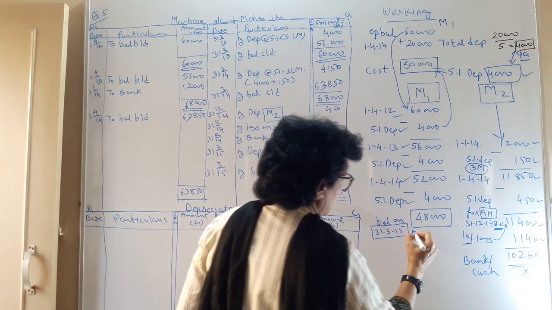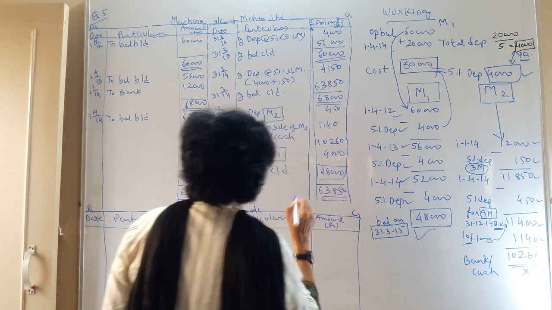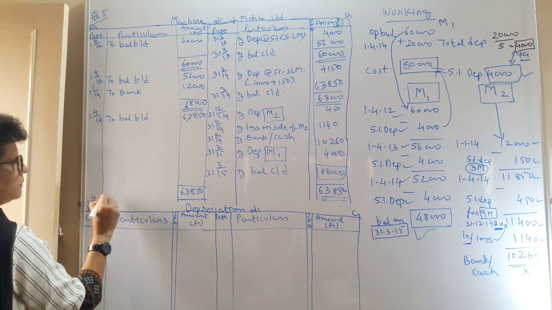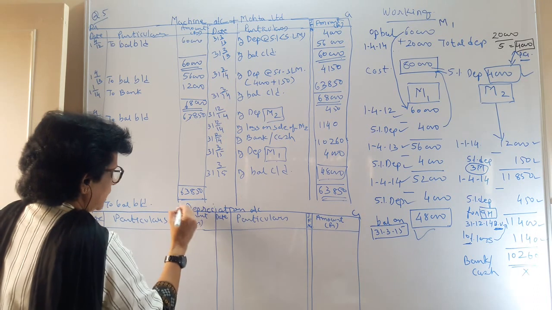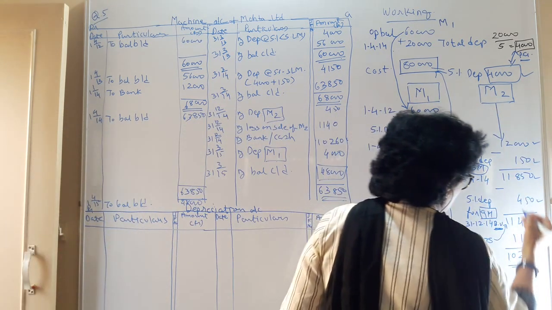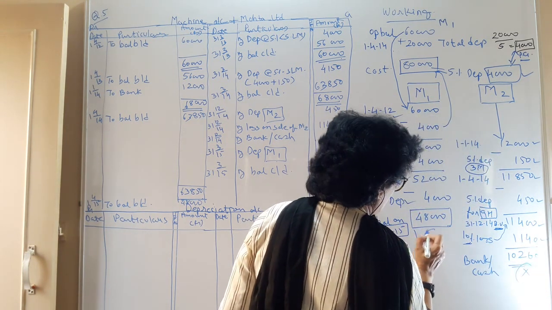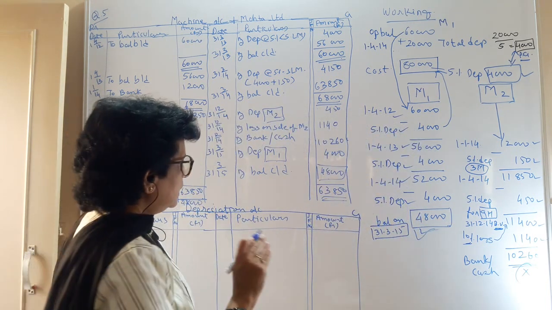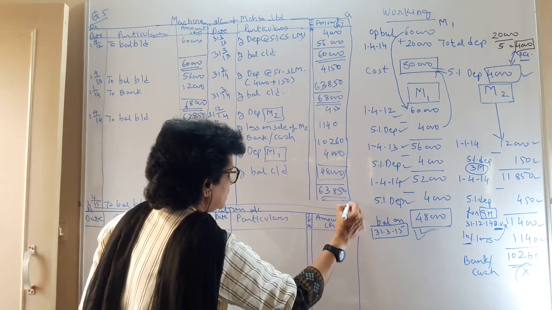This balance is of M1, that is 48,000 rupees. This balance to be brought forward here as 1/4/15, to balance brought down 48,000 rupees. It means that machine 2 you have sold, so there is no balance. Machine 1 still you have in stock and the balance is 48,000 remaining after depreciation. So this is what we have done of the ledger of machine account.